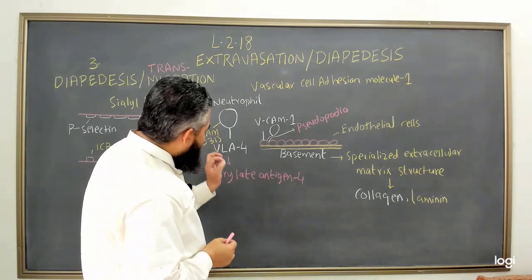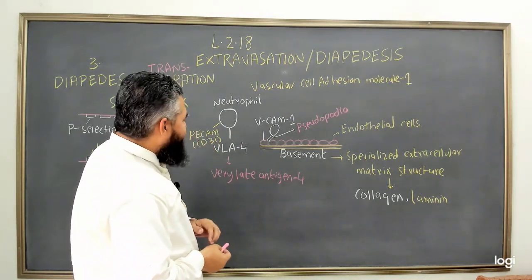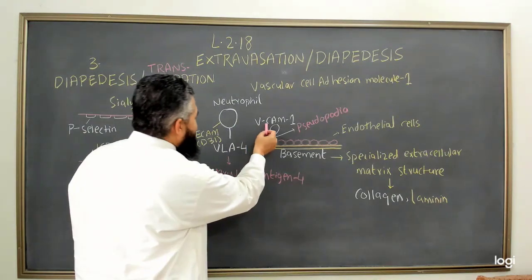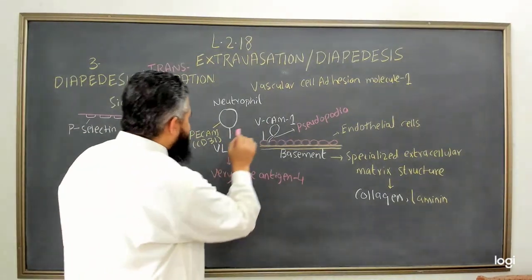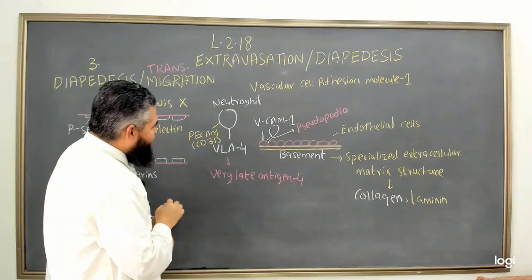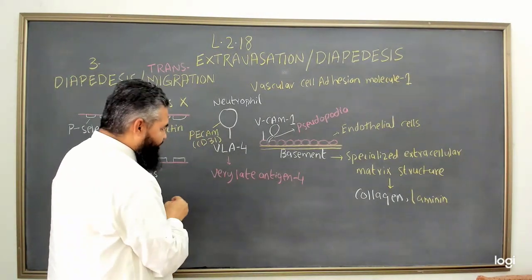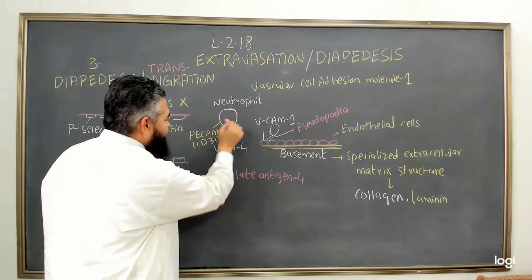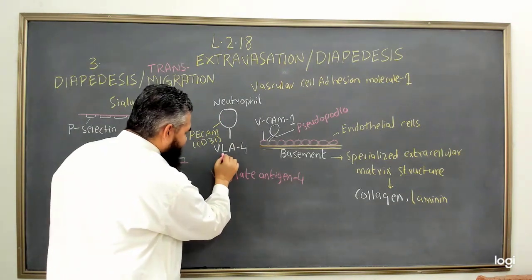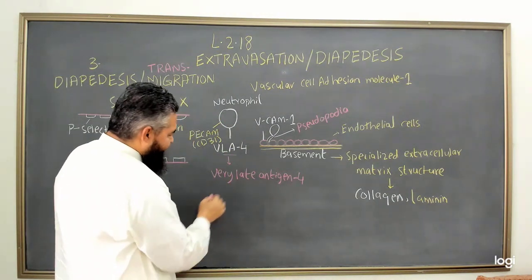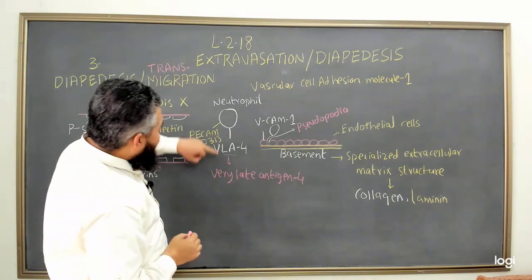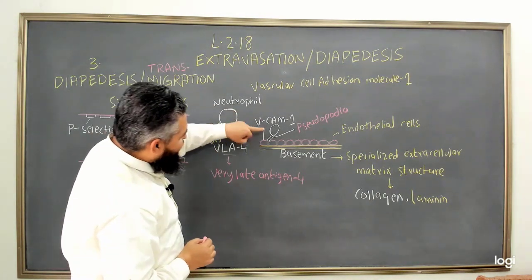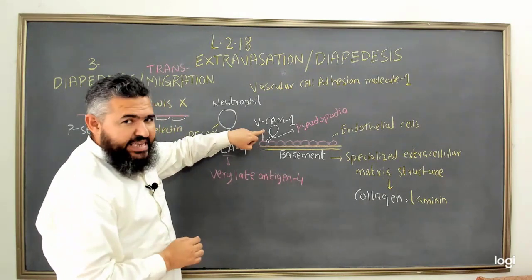This adhesion molecule is going to interact with another molecule present on the surface of the neutrophil, which is known as the VLA4, the very late antigen 4. So the VLA4 is going to interact with the VCAM1.